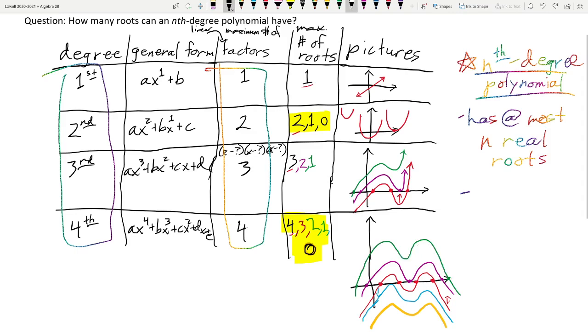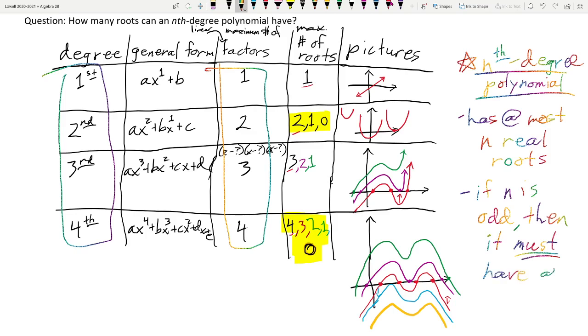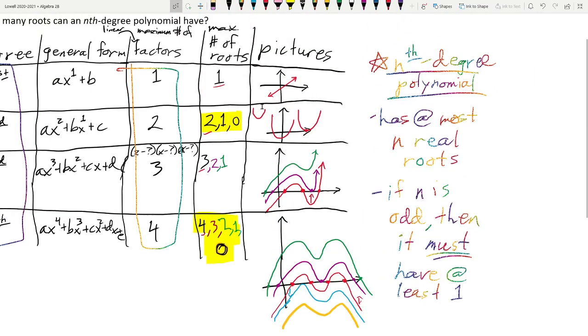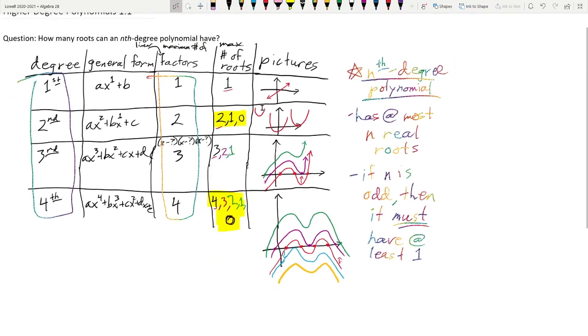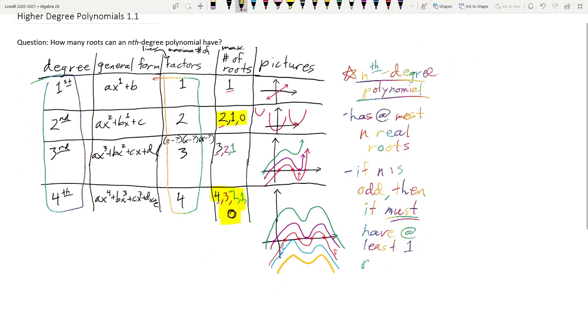Therefore, I think it's safe to say that for the polynomial, if n is odd, then it must have at least 1 real root.